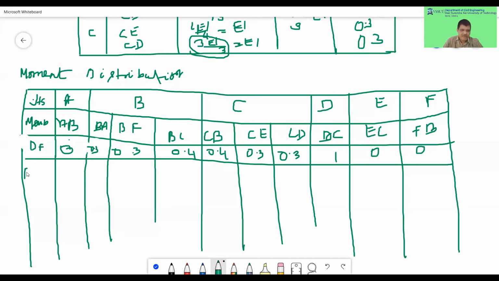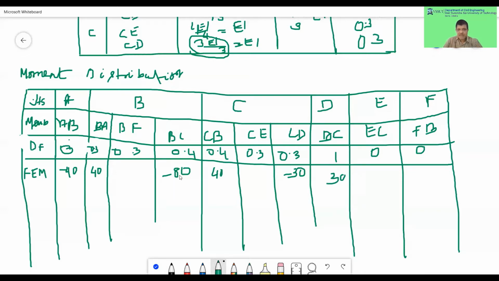Now write the fixed end moments. So it will be minus 40 here, plus 40 here, then minus 80 for BC, and CD is minus 30, and BC is plus 30.